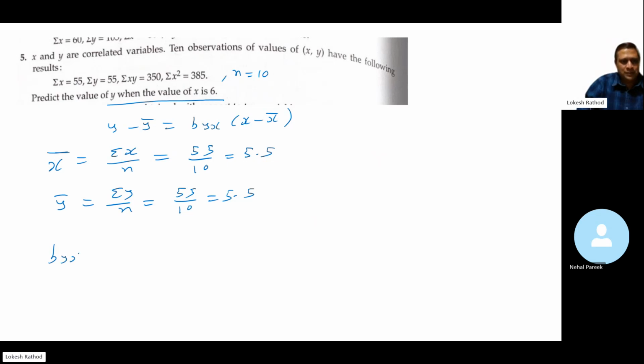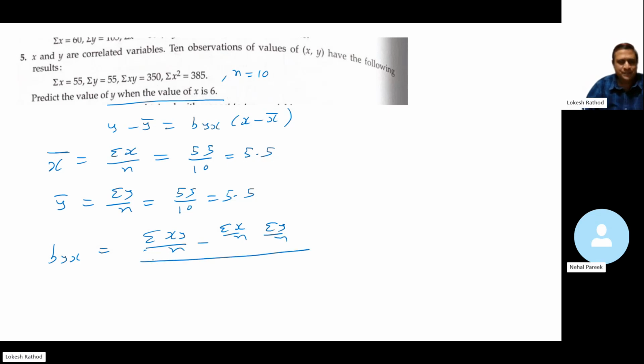b yx. How do you find b yx? The numerator would be sigma xy over n minus sigma x over n into sigma y over n.